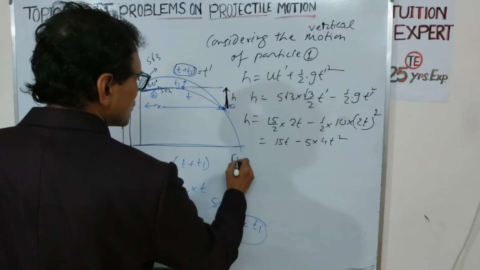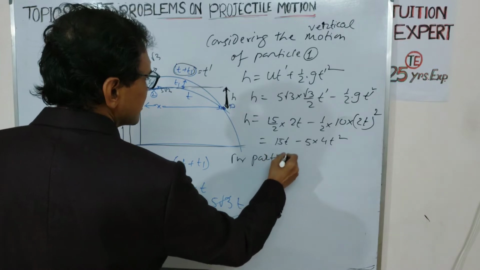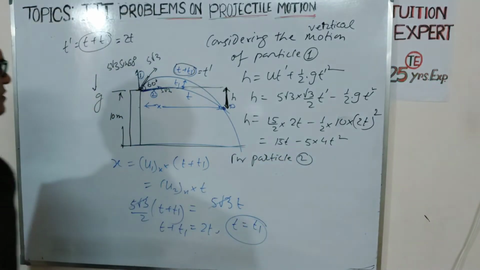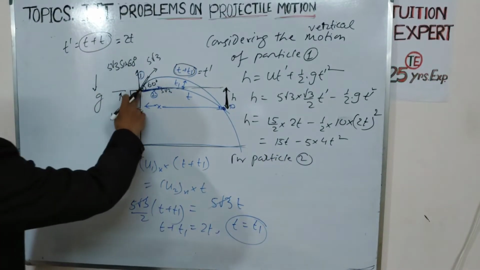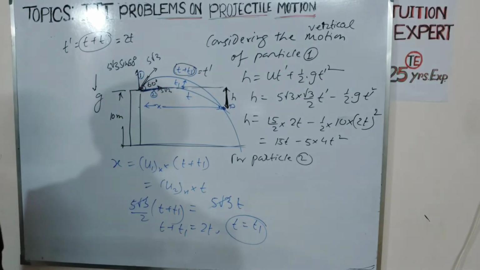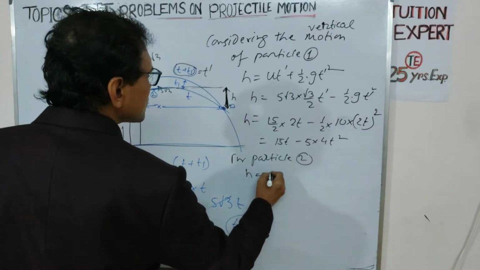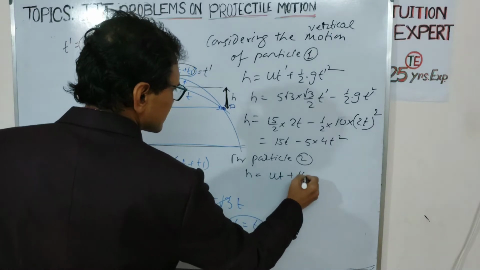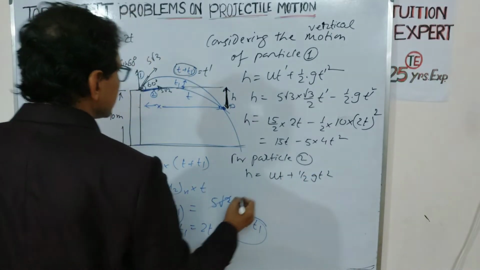For particle 2, the particle is projected horizontally, so using the same equation, we get h.